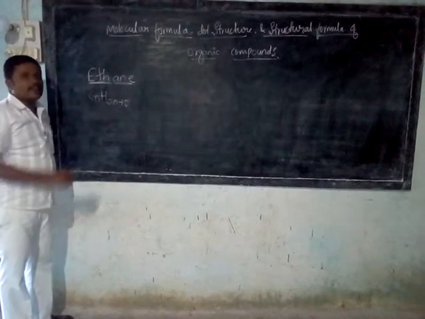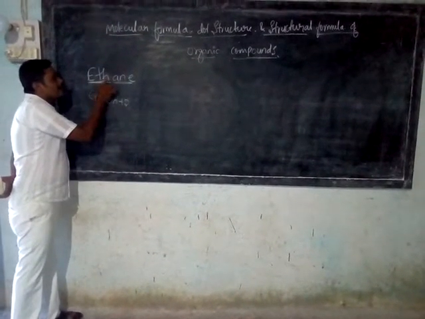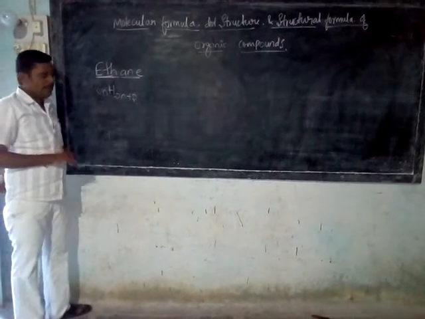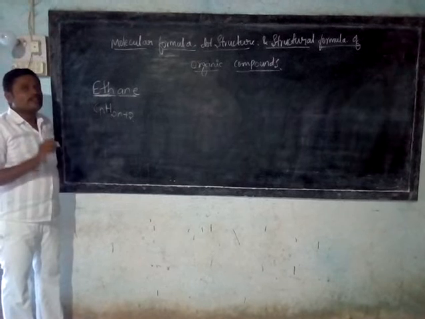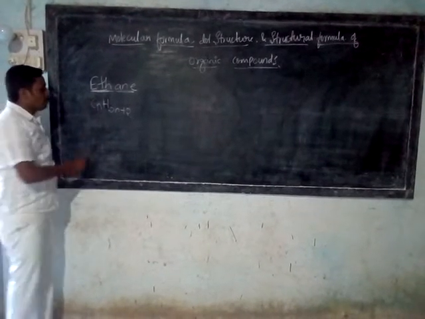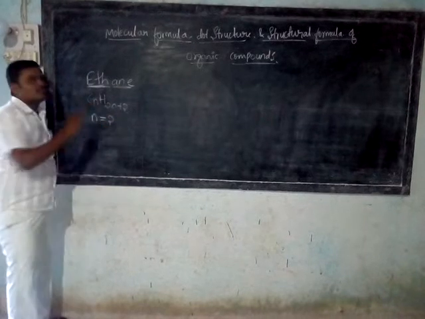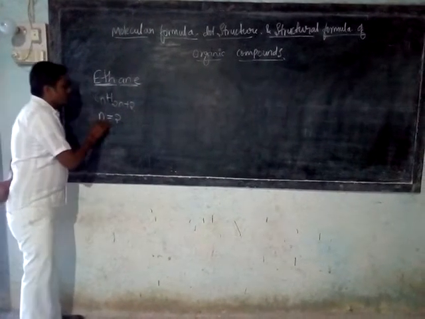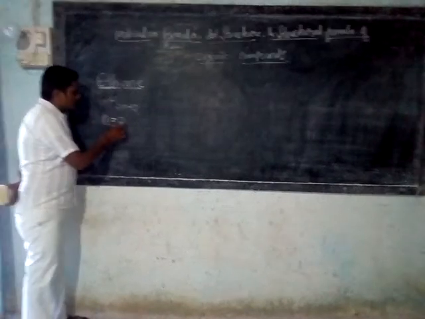For understanding, first we have to see how the name starts. The name starts with eth. Eth means n is equal to 2. So wherever n is there, you have to put 2.